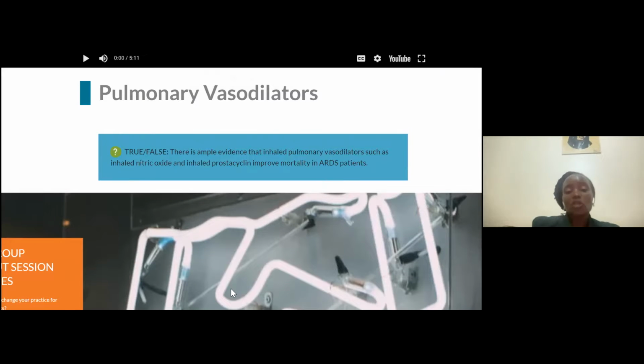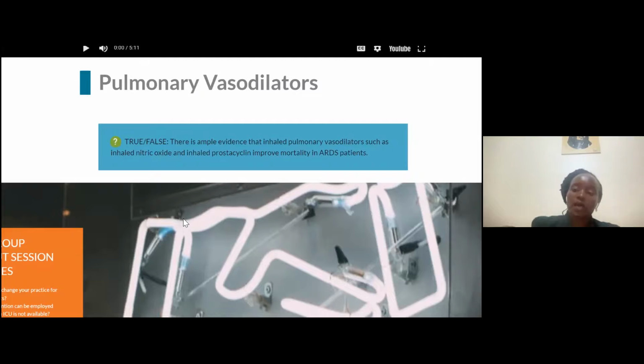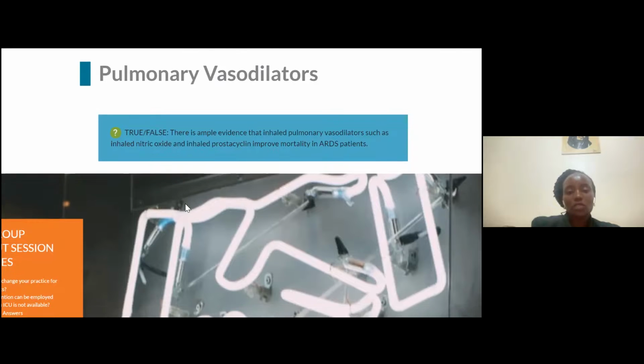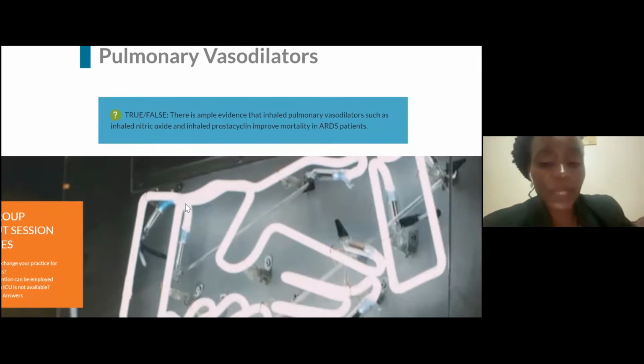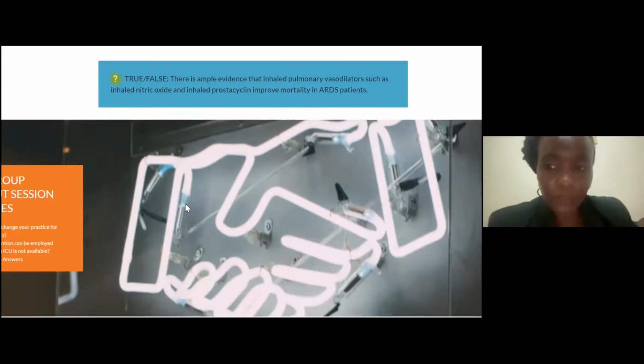They use nitric oxide and inhaled prostacyclin, and apparently it improves mortality in ARDS. I have not tried it myself, but literature says that some say yes, it can improve, and there are others that say there's no added advantage. In our setup we've not tried it, so I'll not get too much into it, but just know that pulmonary vasodilators could also be of help in some situations.